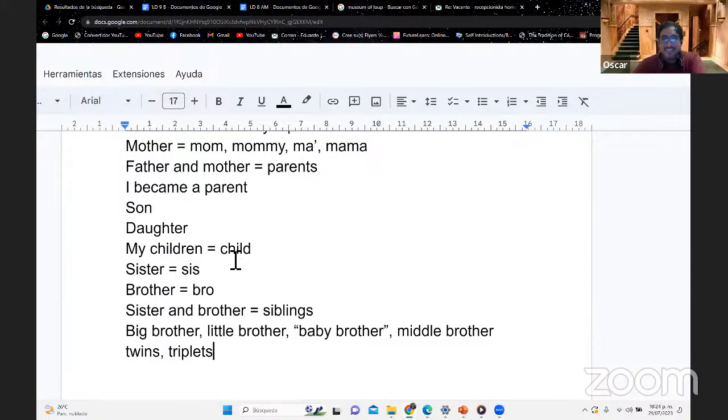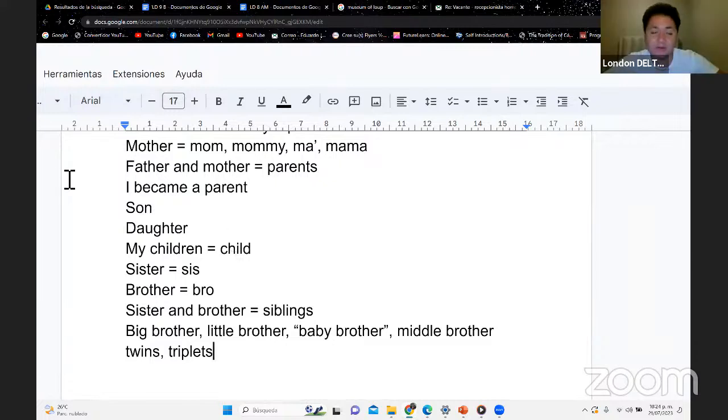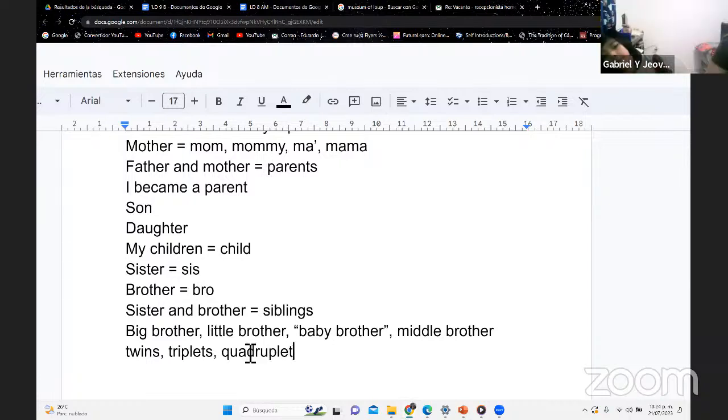Puede ser sevenplets. Si fueran cuatrillizos, en inglés sería quadruplets, que suena más como una rutina del gimnasio, ¿no? Quadruplets, que así son los cuatrillizos, right?